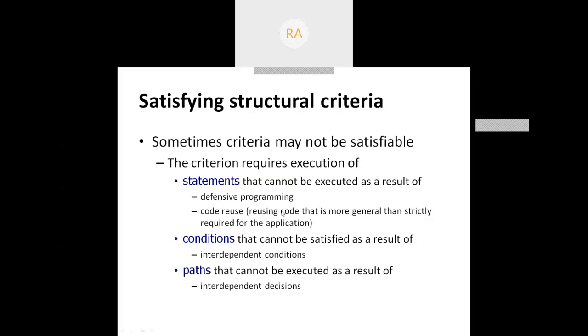Sometimes it is not possible for me to satisfy a certain condition because of the interdependency existing between the conditions within the source code. And sometimes certain parts cannot be executed because of the interrelationship between the decisions that I have written in the source code.